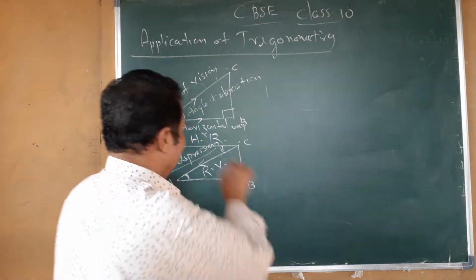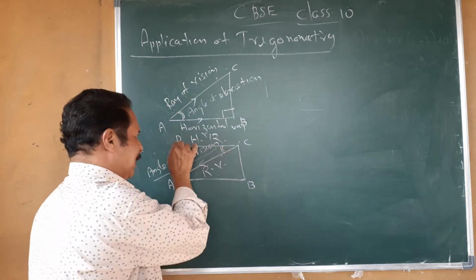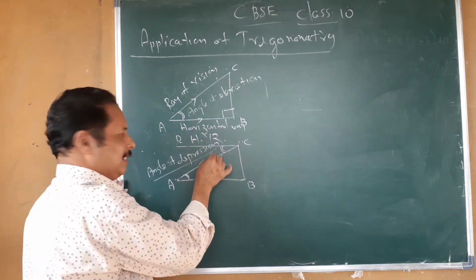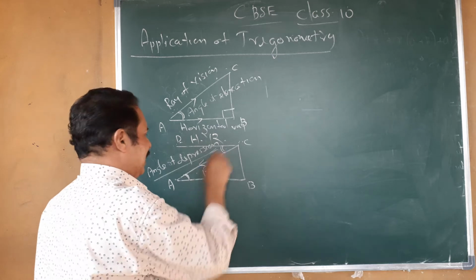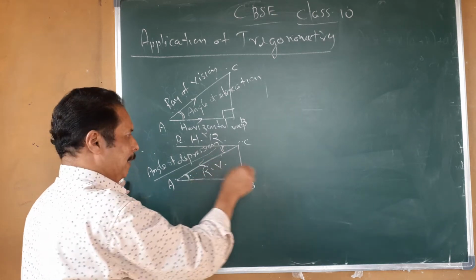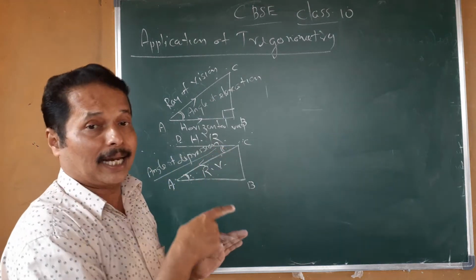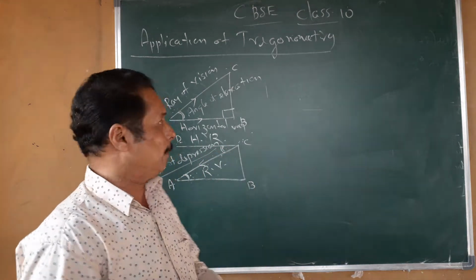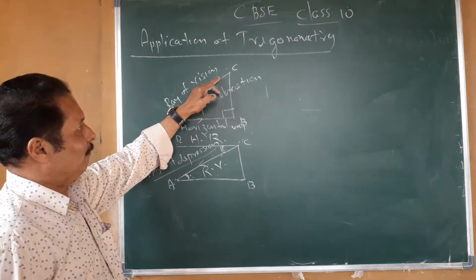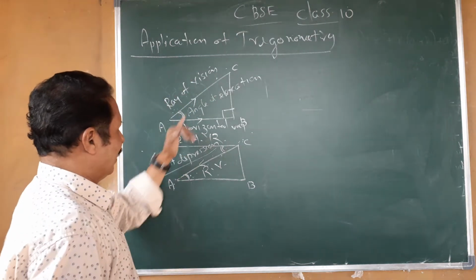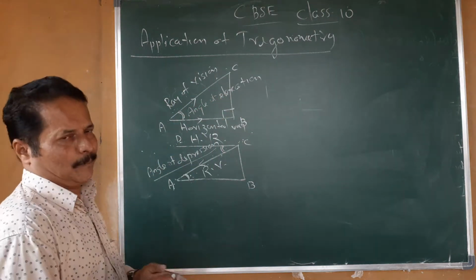This angle, if the angle of depression is this, that is angle ACD. You see that? And you studied that these two angles are equal. That means angle BAC equal to angle ACD. They are alternate interior angles. That means in a problem actually the angle of depression and angle of elevation, both of them are the same.